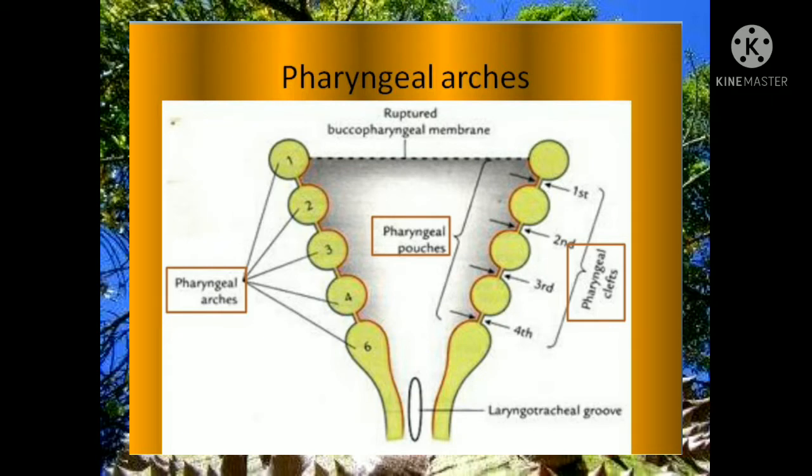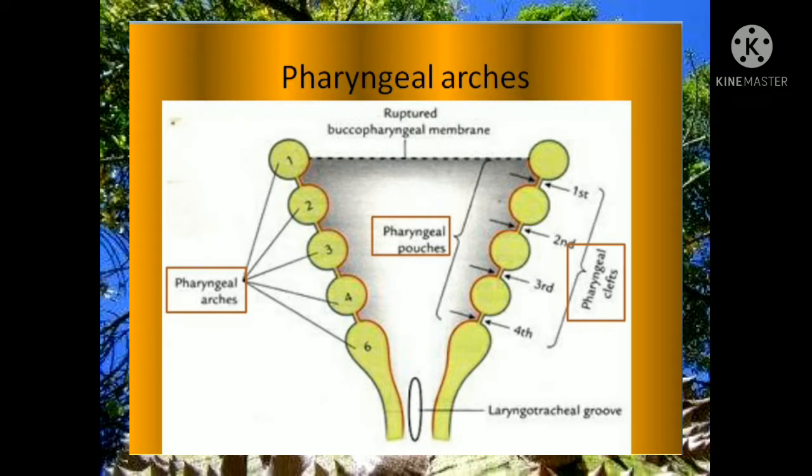Each of these bars grows ventrally in the floor of the developing pharynx and fuses with the corresponding bar of the opposite side to form a pharyngeal or branchial arch. Each bar, when viewed from the front, is horseshoe shaped. The arches are numbered craniocaudally as 1 to 6.